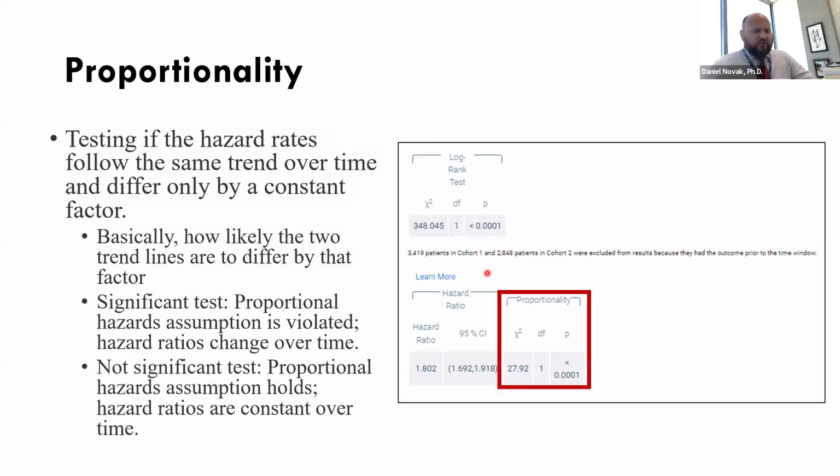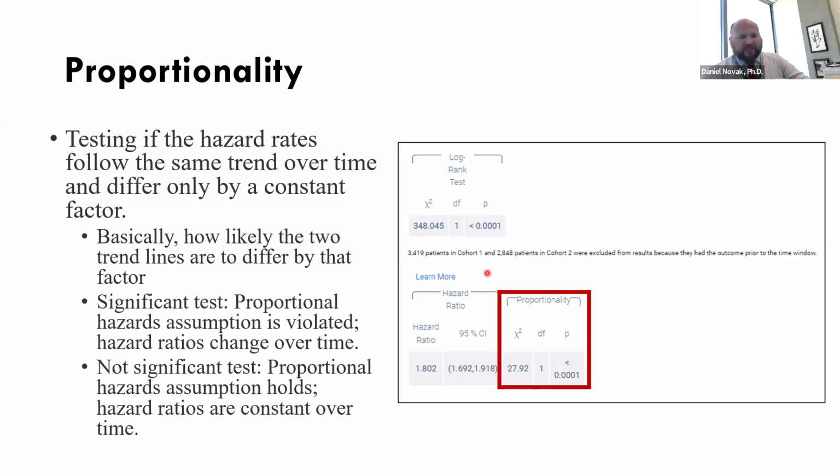Proportionality is an additional tool that's really important because the hazard ratio, the Cox proportional hazards model that produces this ratio, assumes what they call proportionality. That is, the factors that are impacting things are stable over time. And so if something's statistically significant, in this case, there's some set of factors, probably multiple factors, impacting this that are not the same for both groups.